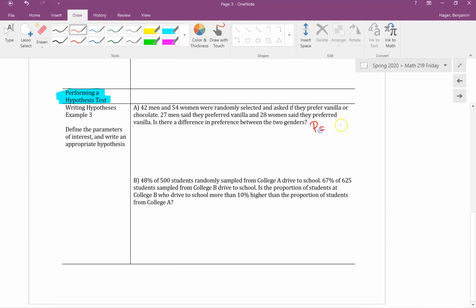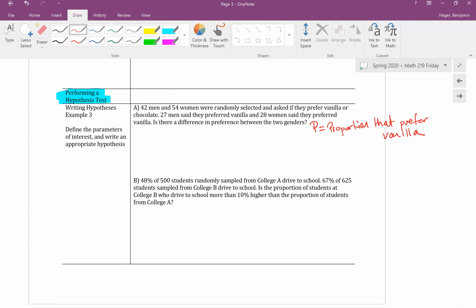Let's let P equal the proportion that prefer vanilla, or percentage, whichever word you want to use.